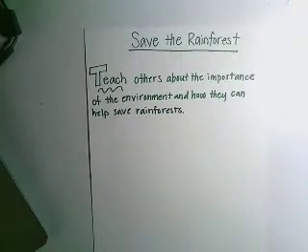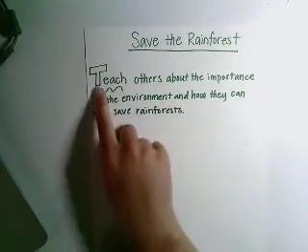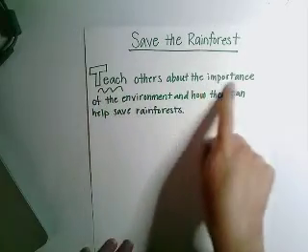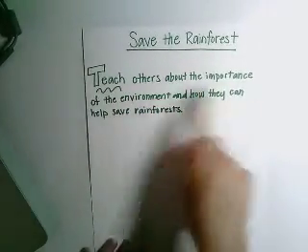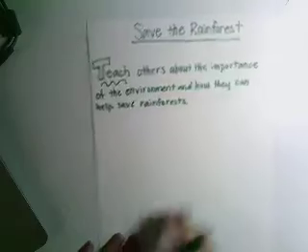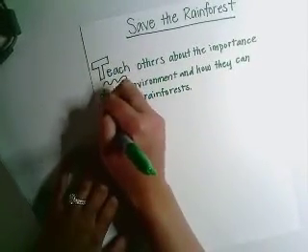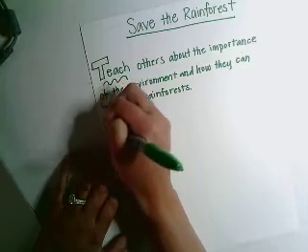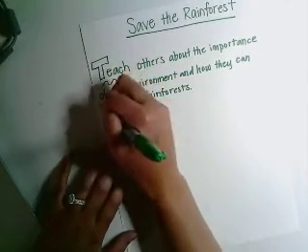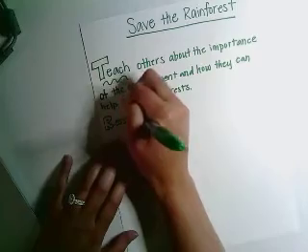Okay, my first step in my project is T. Teach others about the importance of the environment and how they can help save rainforest. The next letter in my poem is going to be R for restore.